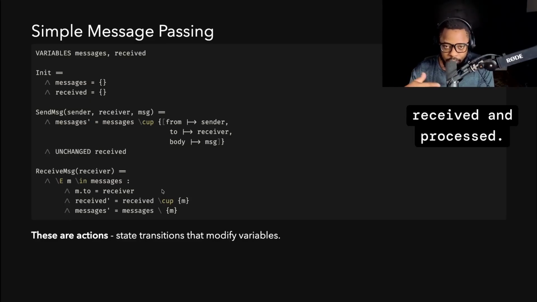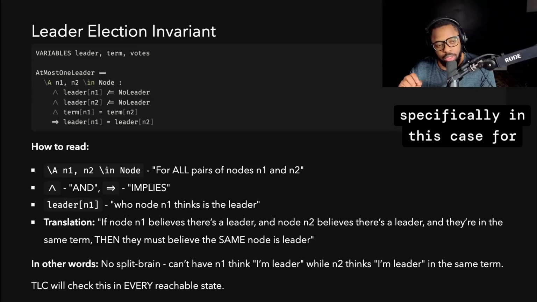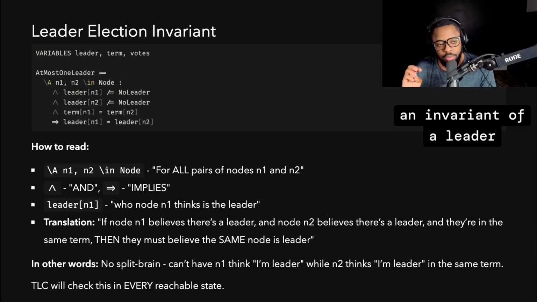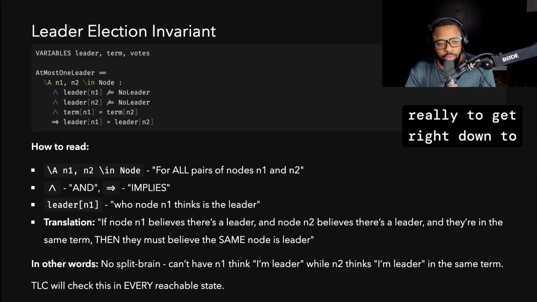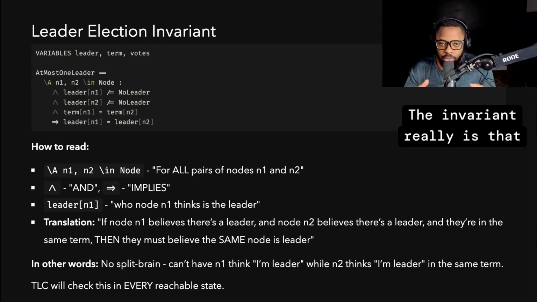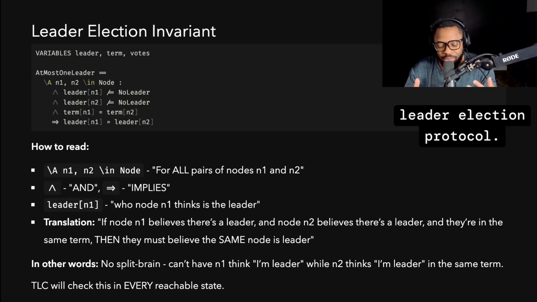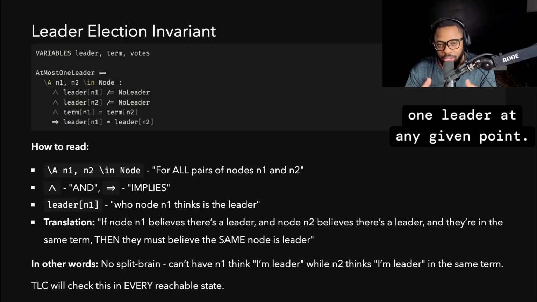was received and processed. Looking at another snippet, in this case for leader election, we can look at an invariant of a leader election protocol. To get right down to it, the invariant is that there can really only be one leader at any given point.